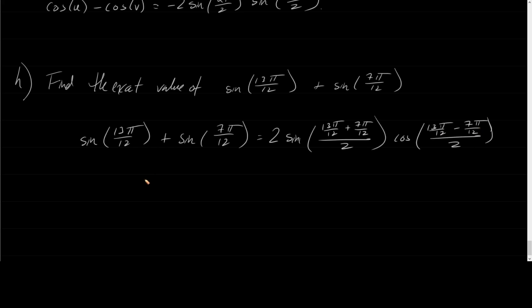At that point, what does that give us? That gives us 2 sine of 13 over 12 plus 7 over 12. That's 20 over 12. And then we have that over 2.